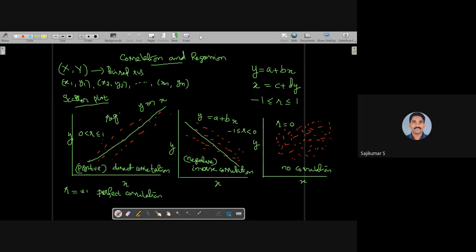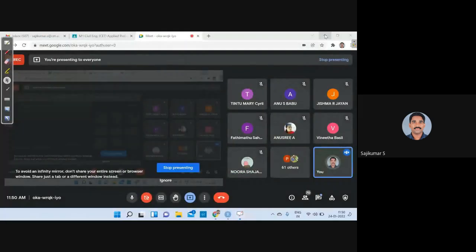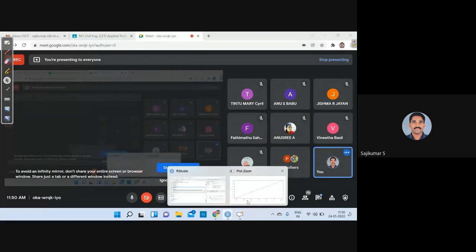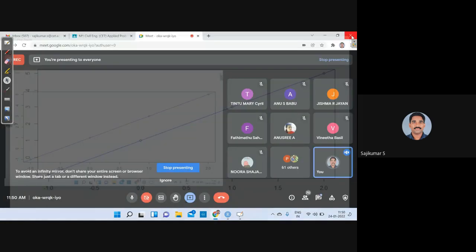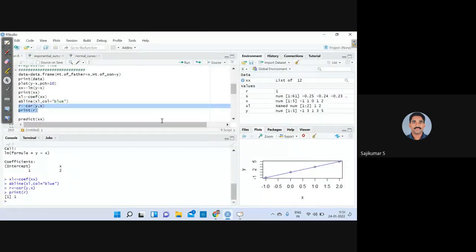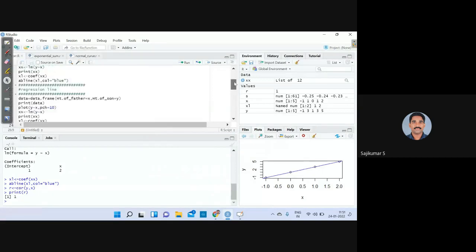In the principle of least squares, we are always trying to minimize the error. What type of error? We are trying to minimize this type of errors. See the previous case. Here there is no error because all the points are lying on the same straight line. But the situation changes if you consider the previous case data.